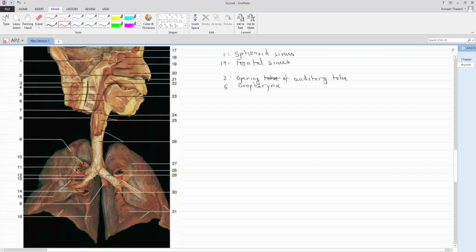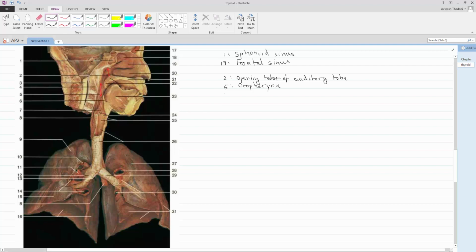So this is the nasopharynx. This is the oropharynx. And then we have the laryngopharynx, and then the larynx itself. So let's go back over here. So 5 is the oropharynx.